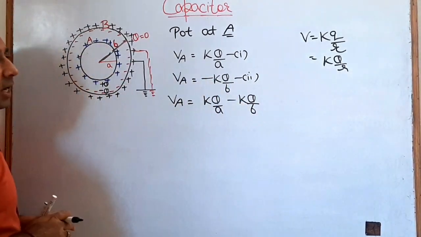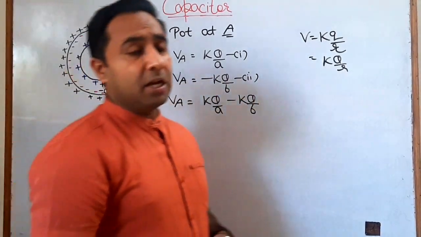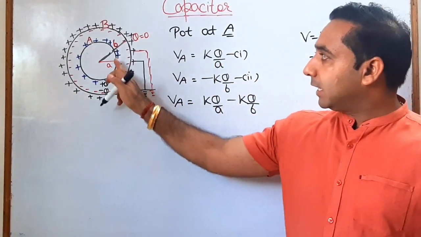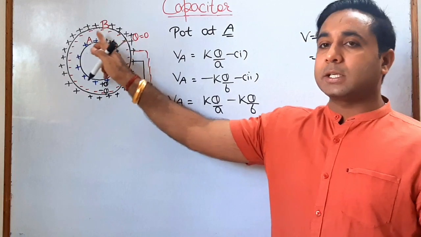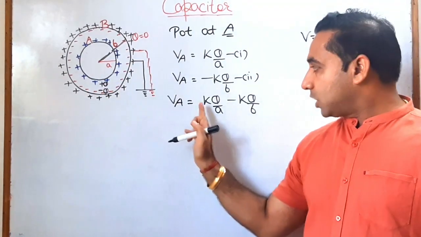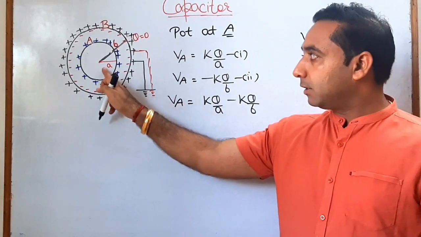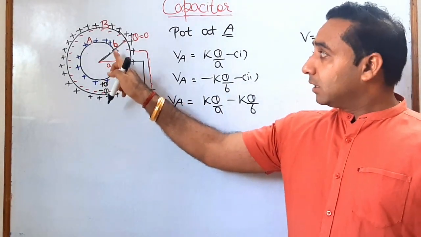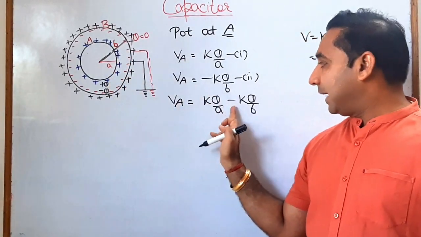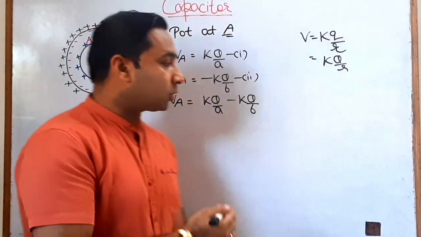These two steps are only for your understanding. If you want to write directly, the potential at A, on shell A, is due to which charges? The potential due to this positive charge, that is kq by radius A, and the potential due to this negative charge, that is minus kq by B. Let us solve this.